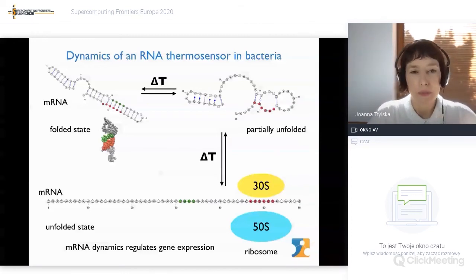Now, in principle, at ambient conditions, the secondary structure of messenger RNA precludes binding of the ribosome. And upon heat shock, so upon changing of the temperature, this structure unfolds. That's why it's called RNA thermosensor. And the protein downstream is expressed.